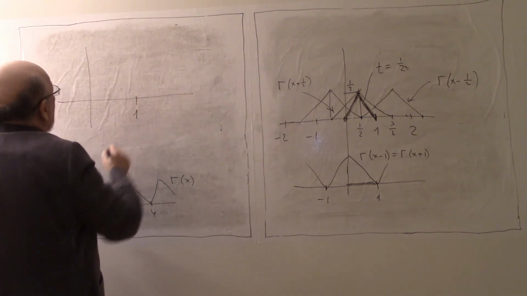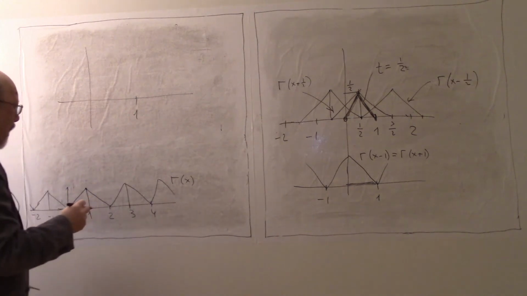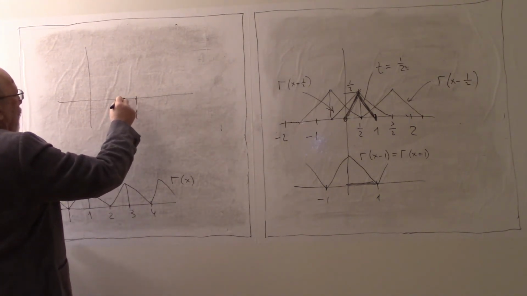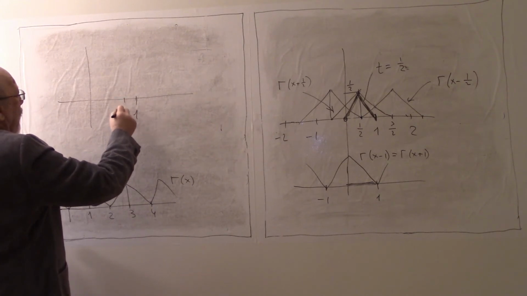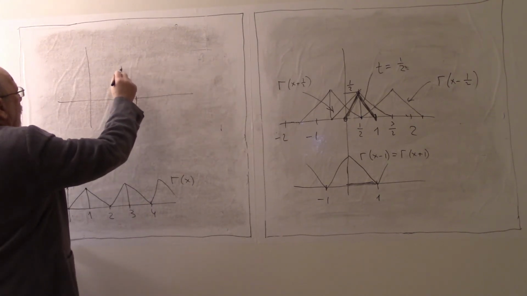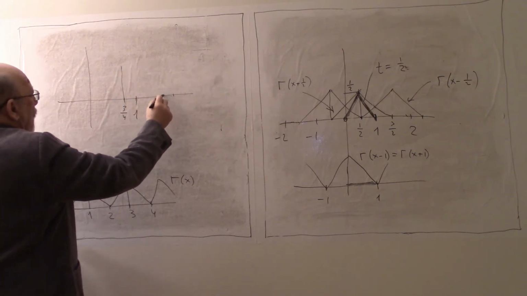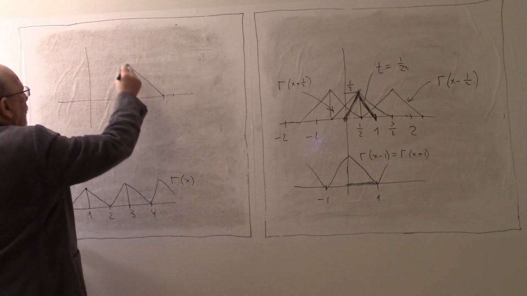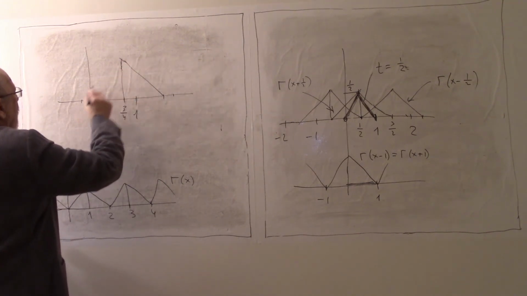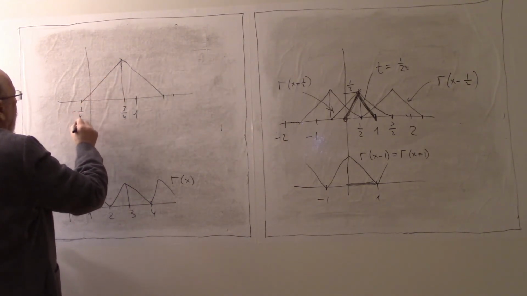So it is 1, gamma of x, gamma of x plus 1/4, so 1/4 is this, 3/4 also, minus 1/4.